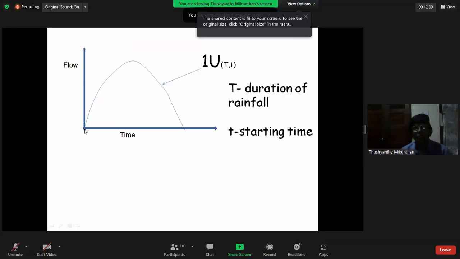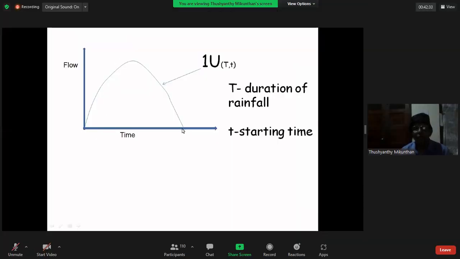In the hydrograph, this is the base time, from the starting of flow to the ending of flow. Then the y-axis, as in the definition, is flow. While writing the equation of unit hydrograph, this 1 means unit, and U is the unit hydrograph.